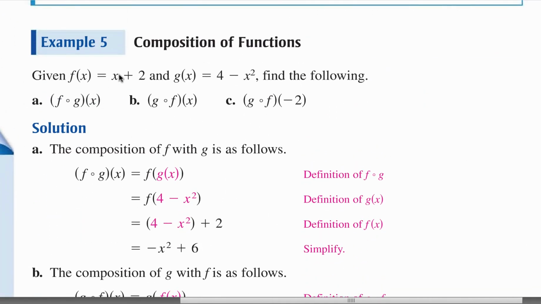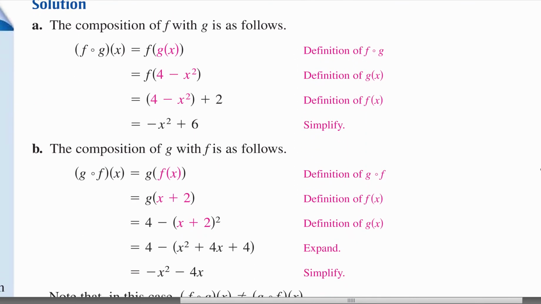Part A, given that f is this and g is this, let's find f of g of x, then let's find g of f of x, and then let's find g of f of -2, a specific point. So okay, f of g of x looks like this, plugging g into f.